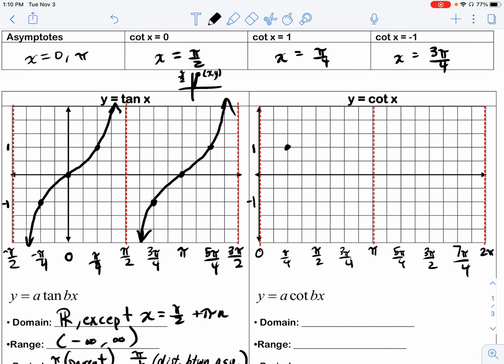We're going to have our high, we're going to have our mid, and we're going to have our low at 3 pi over 4. Okay. Again, these are not maxes and mins, but just markers for us to accurately graph a cotangent graph. And it's going to look something like this. Okay. So for cotangent, we're going to go asymptote, high, mid, low, asymptote.